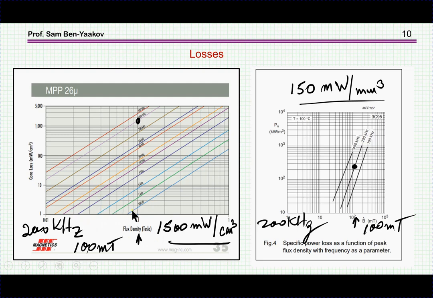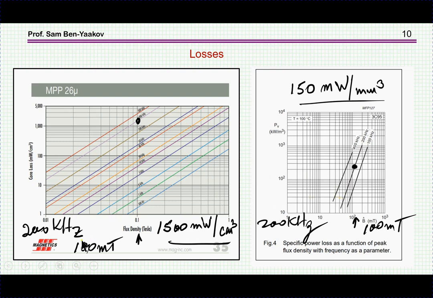So if I compare a distributed gap core, MPP material with a permeability of 26, which would be practical for high power inductors, to a ferrite core, and this will of course be with an air gap if we are going to use it as a power inductor.